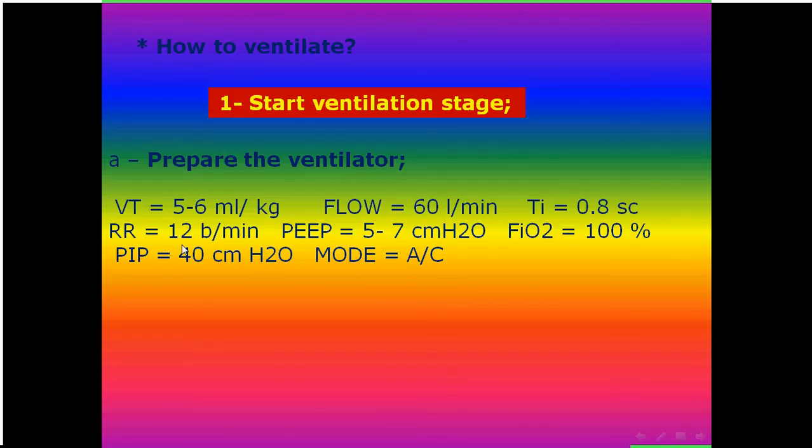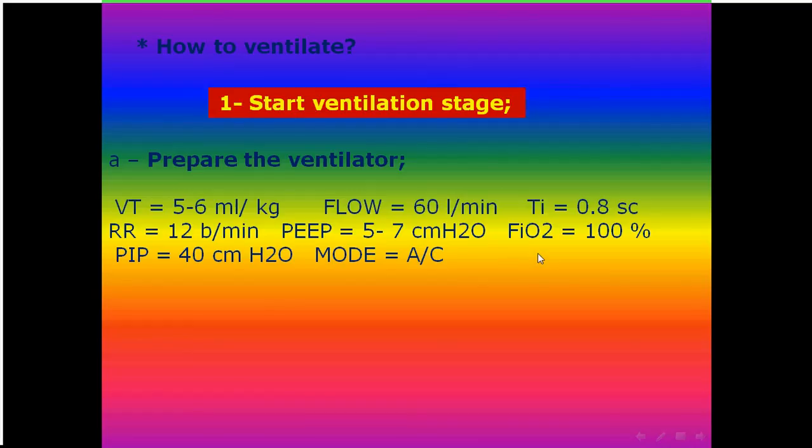Respiratory rate should be about 12 to 15; do not increase it, keep it lower in order to increase the expiratory time and avoid dynamic hyperinflation and rupture of the lung. At the same time, PEEP about 5 to 7 until you measure the intrinsic PEEP, and then put the extrinsic PEEP at about 85% of the intrinsic PEEP.